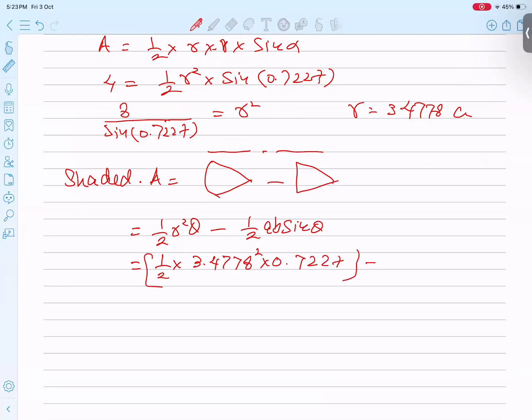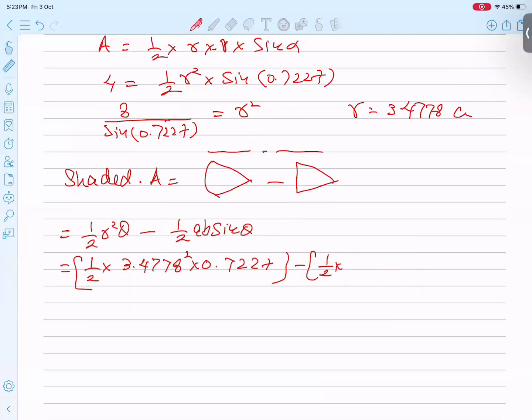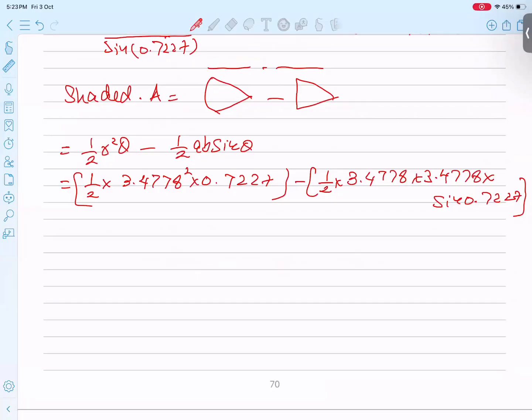And now I'm using half into radius, into radius, into sine of the middle angle, which is 0.7227. So that's it, I'm going to type it in the calculator.